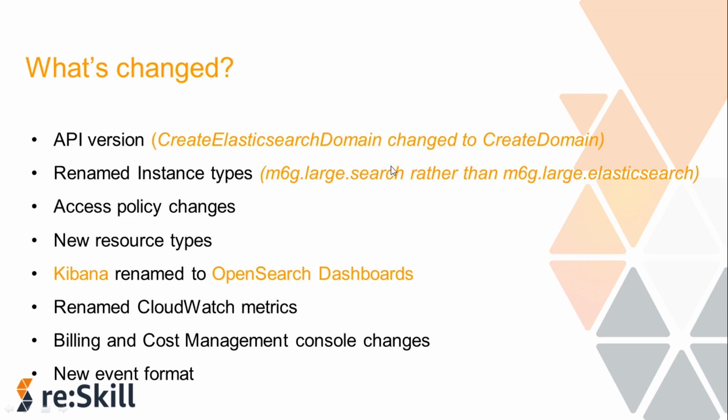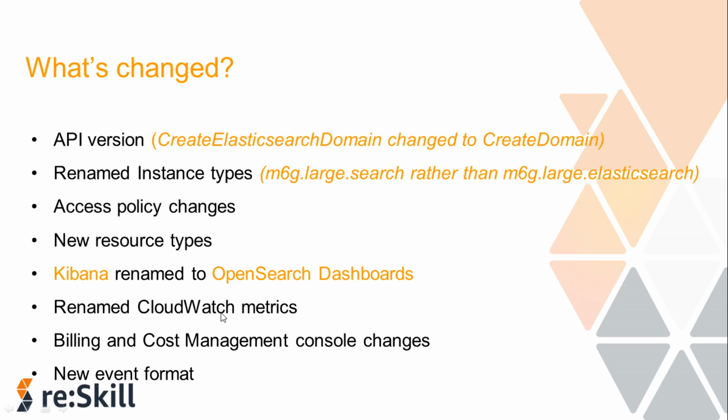Although the API versions and the names have changed, OpenSearch will continue to support both of the versions. And because of these API changes, you will have to make a few changes to your access policies as well. And there are some resources that have been launched newly in the new fork. Also the Kibana dashboards, which were used for visualizations, are now named OpenSearch dashboards. Also a few CloudWatch metrics have been renamed.